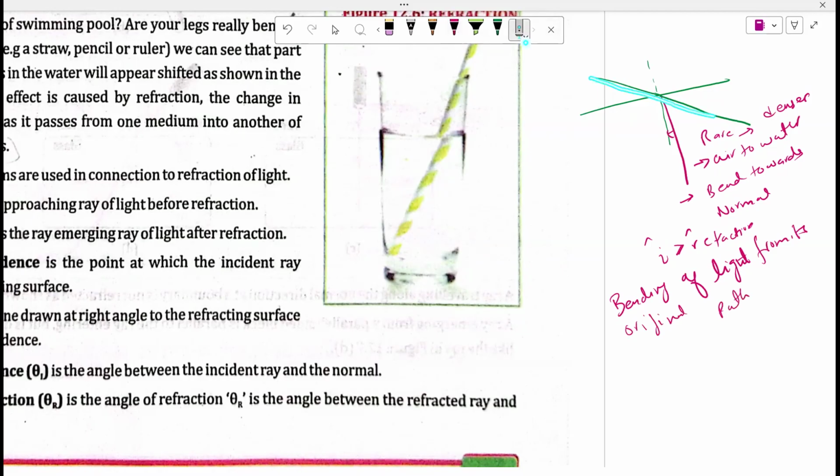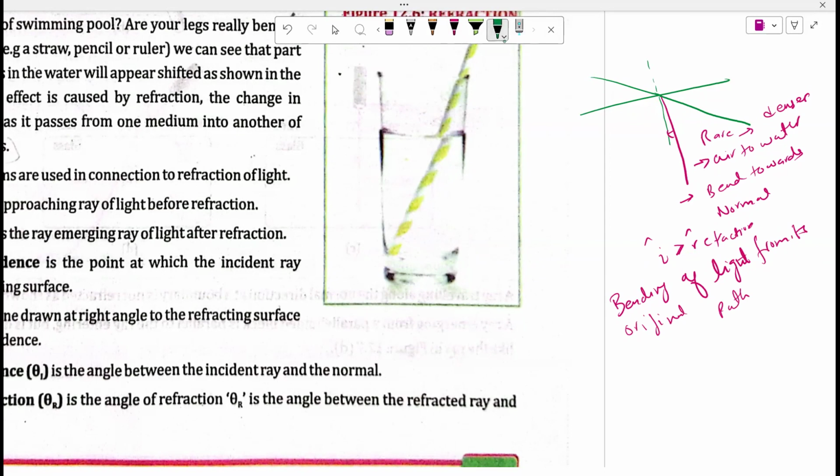This was the original path, but it got deviated from its original path. This bending of light from its original path is known as refraction. And whenever it's entering from rare to denser medium, angle of incidence is greater than angle of refraction, and the opposite occurs the other way around.